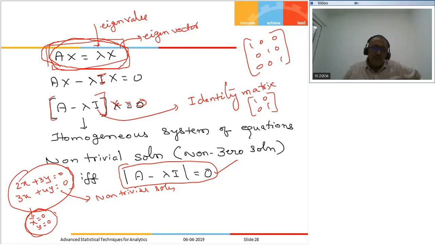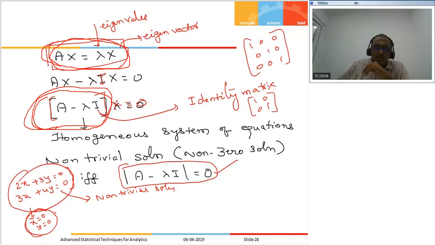Why do I go for I? If I take lambda alone, it doesn't make any sense. That's why, without losing generality, I am multiplying by an identity matrix. The identity matrix doesn't affect it when I multiply. Now we are getting (A minus lambda I) into x equal to 0. This is what we have.